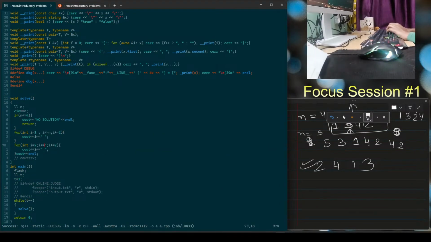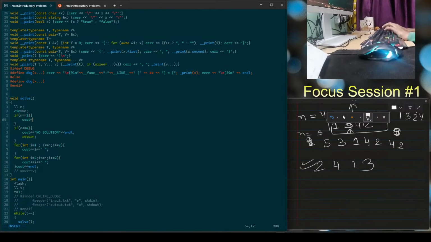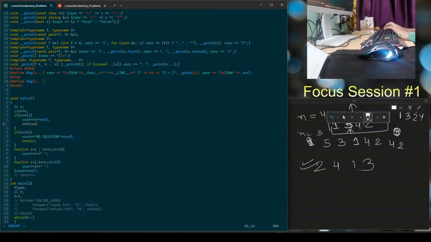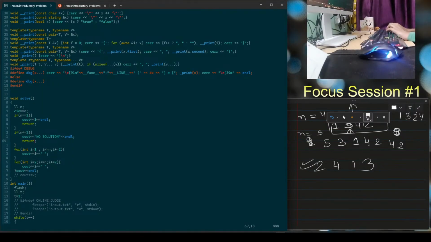I guess if n equal to 1, cout 1, and if n equal to 4, I can just start with the given elements 2, 4, 1, 3, right?